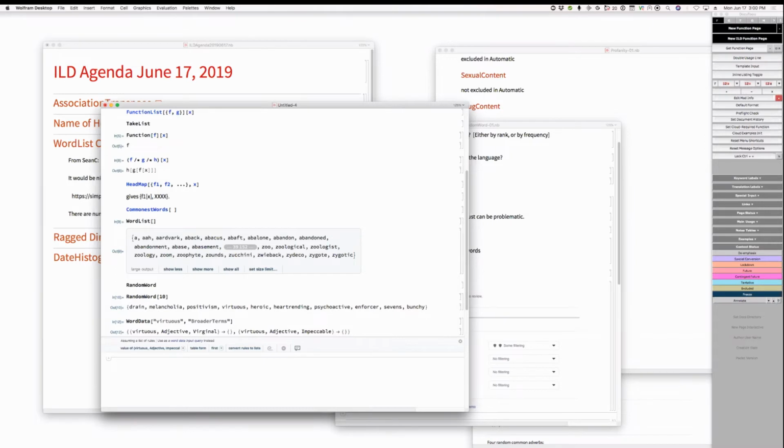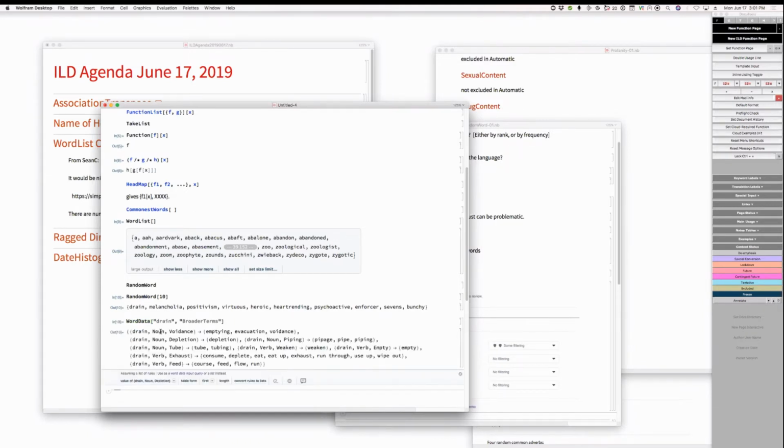Well, let's see whether... is that going to give us...? See, broader terms isn't going to be useful because that's giving us a word meaning broader term, not a super category in the sense that you would find it in a section of a thesaurus or whatever.